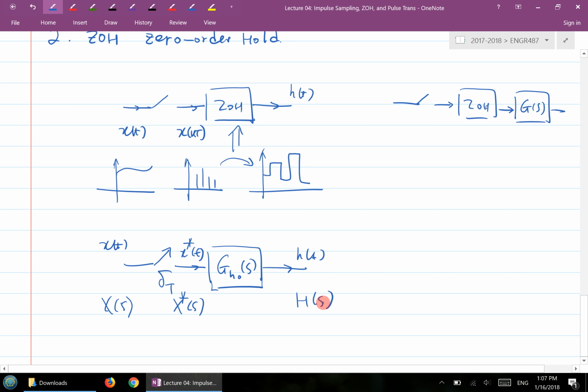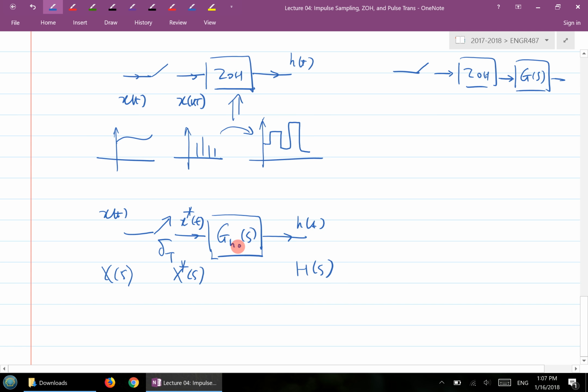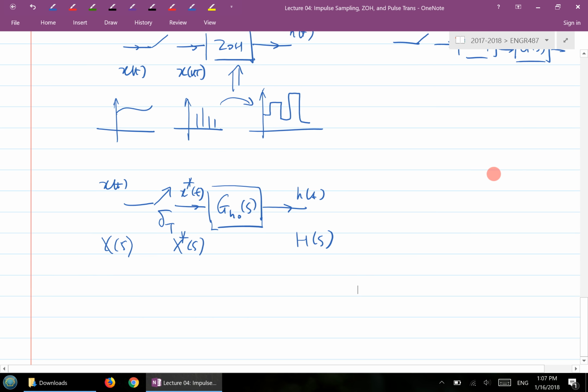For any block that you want to derive an S function or Laplace transfer function for, what you always look at is the input and output. That's basically what we want to do here.